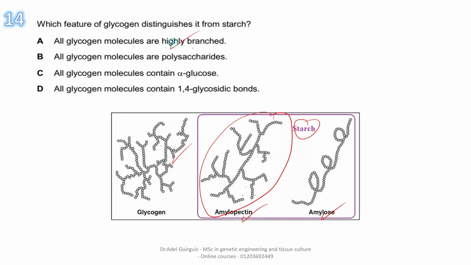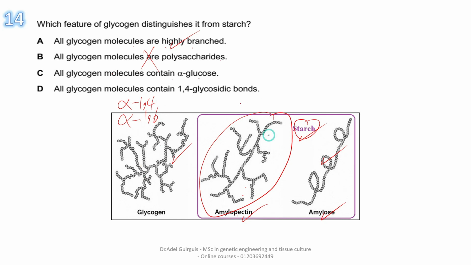Yes, so the answer is A. Let's check B, C, and D. All glycogen molecules are polysaccharides. Starch is a polysaccharide by its components, so it is not unique. That's wrong. All glycogen molecules contain alpha 1,4 glycosidic bonds plus, at branches, alpha 1,6 glycosidic bonds.